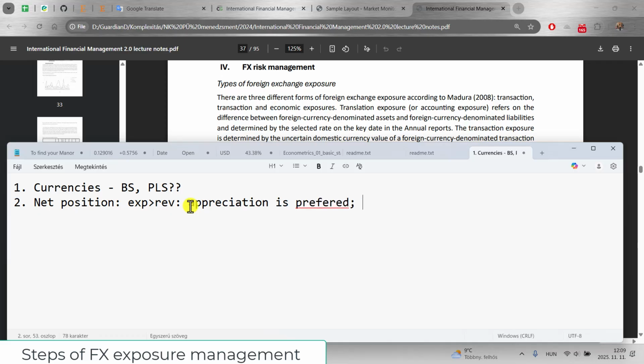Or we can say that expenditures are lower than revenues, and in this case depreciation.